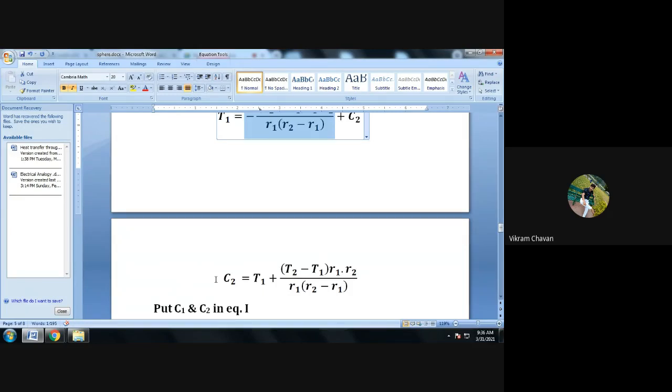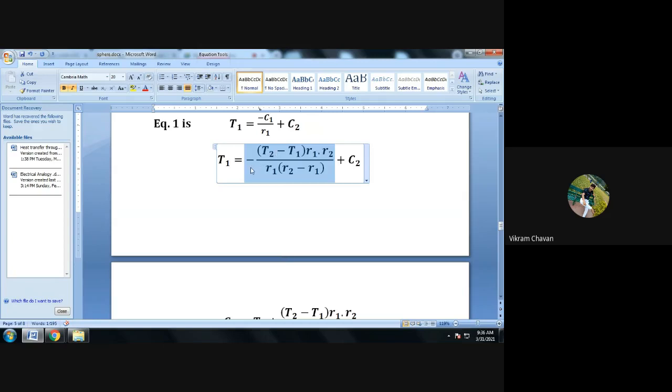So C2 is equal to T1 plus, because the negative sign is there for this term, so if you shift this term to the other side, it will become plus.